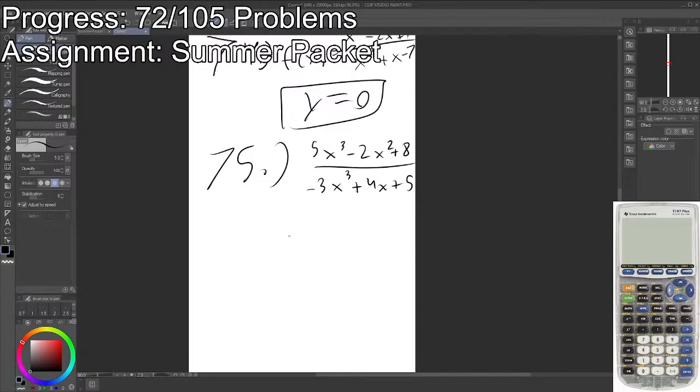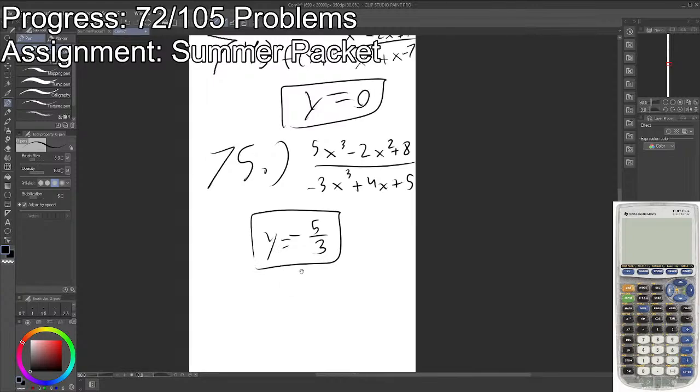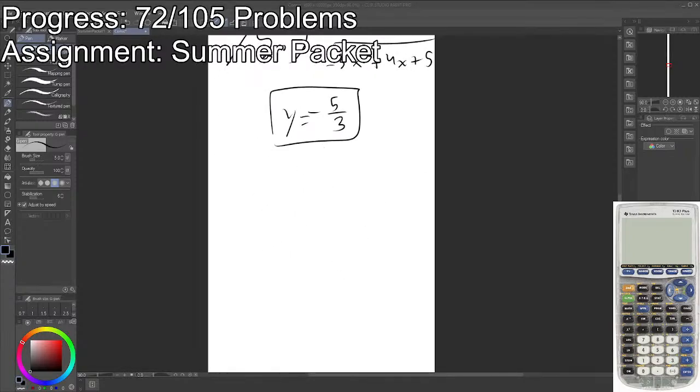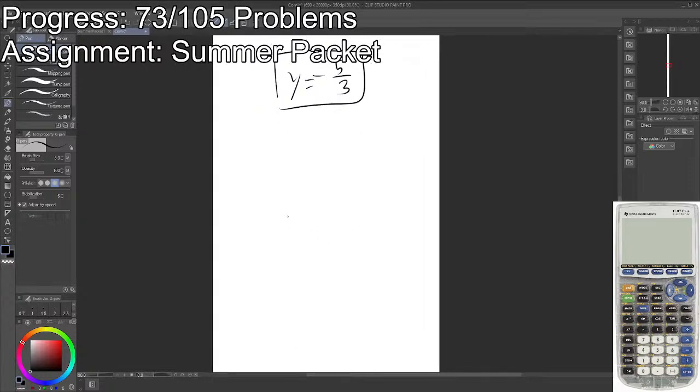So negative 5/3. $74. No. 76. Let's look at the counter.